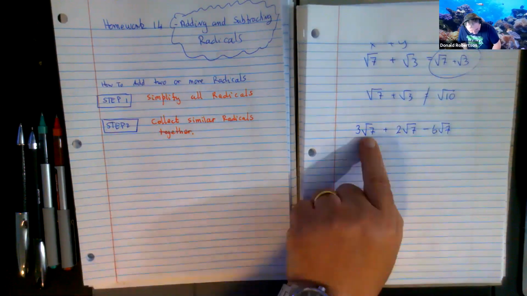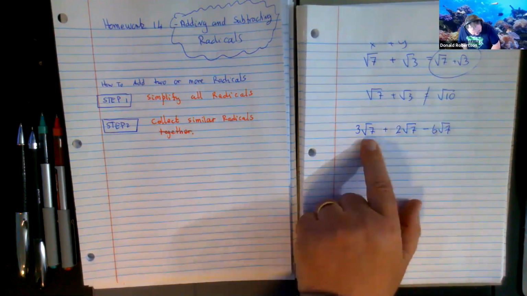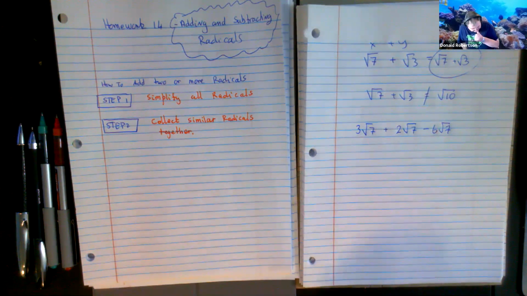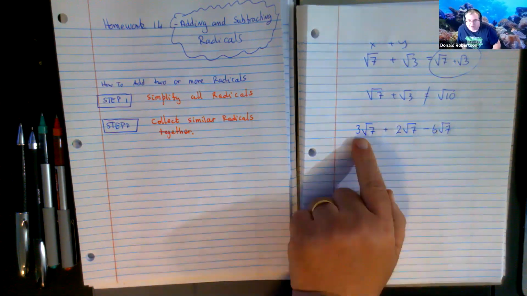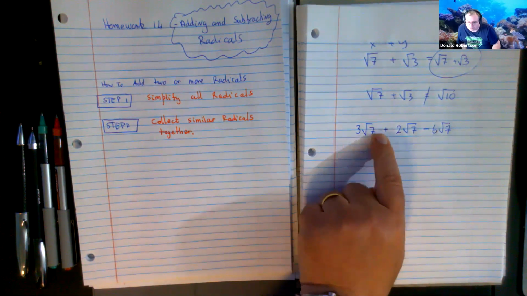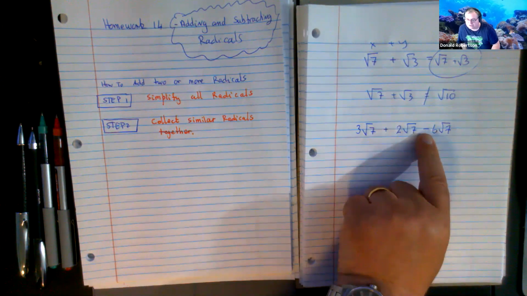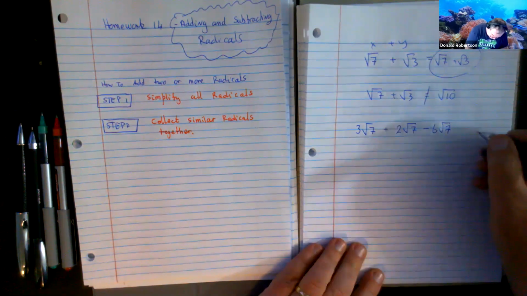As long as the square roots are exactly the same, you can add and subtract them in the usual way. Think of it as I've got 3 somethings, I add 2 somethings, that means I've got 5 of them. 5 somethings take away 6 somethings means I have got -1 something.